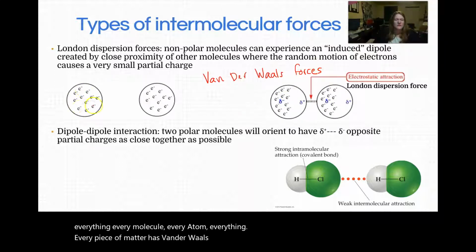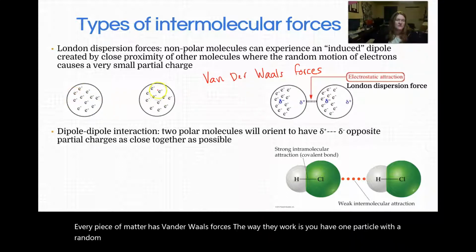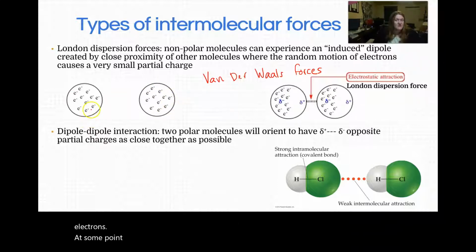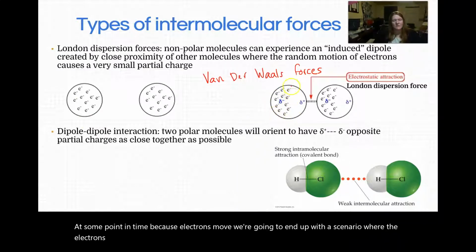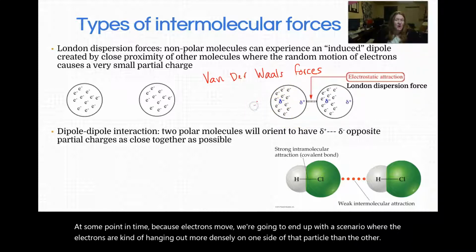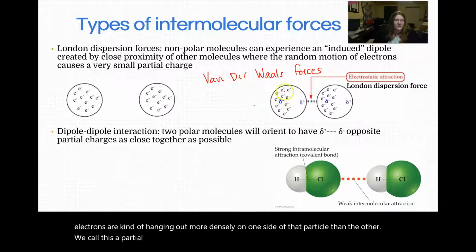The way they work is you have one particle with a random arrangement of electrons next to another particle with a random arrangement of electrons. At some point in time, because electrons move, we're going to end up with a scenario where the electrons are kind of hanging out more densely on one side of that particle than the other. We call this a partial charge, okay?